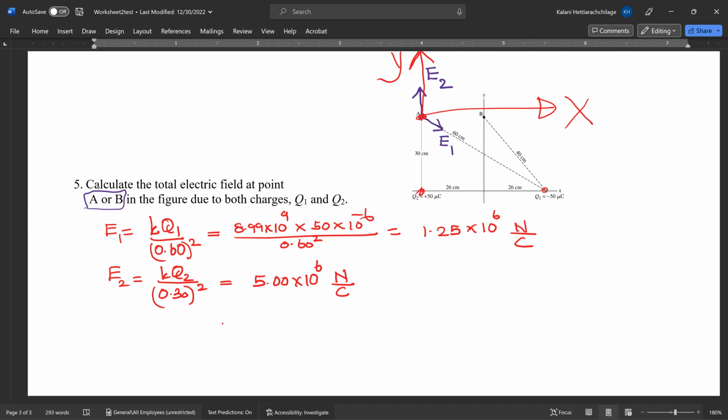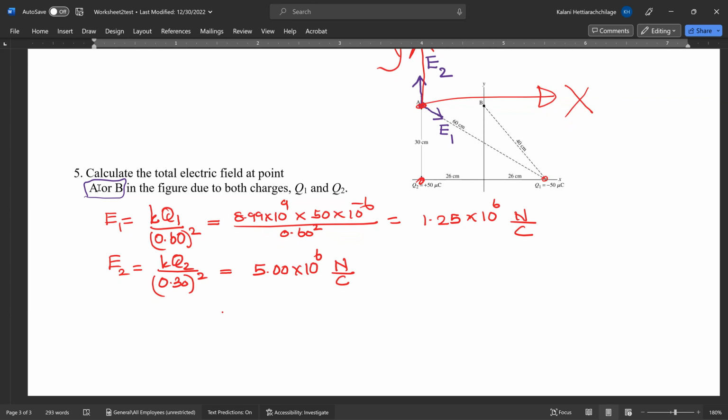So now one thing I want to do before moving into anything else: I need the angle. Whichever way you label it, I'm going to label this as the angle that I need, and that angle will be exactly the angle in here, right? Then I can write the tangent of theta equals opposite over adjacent.